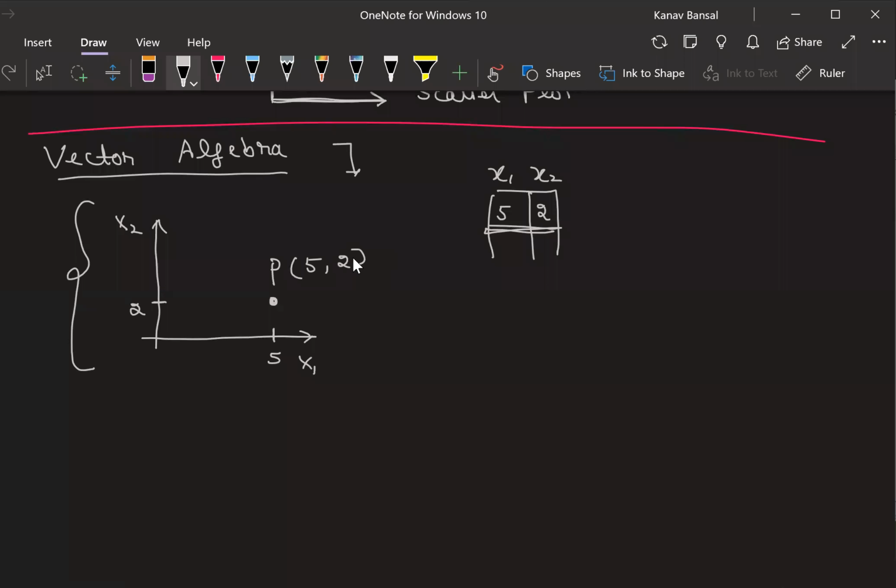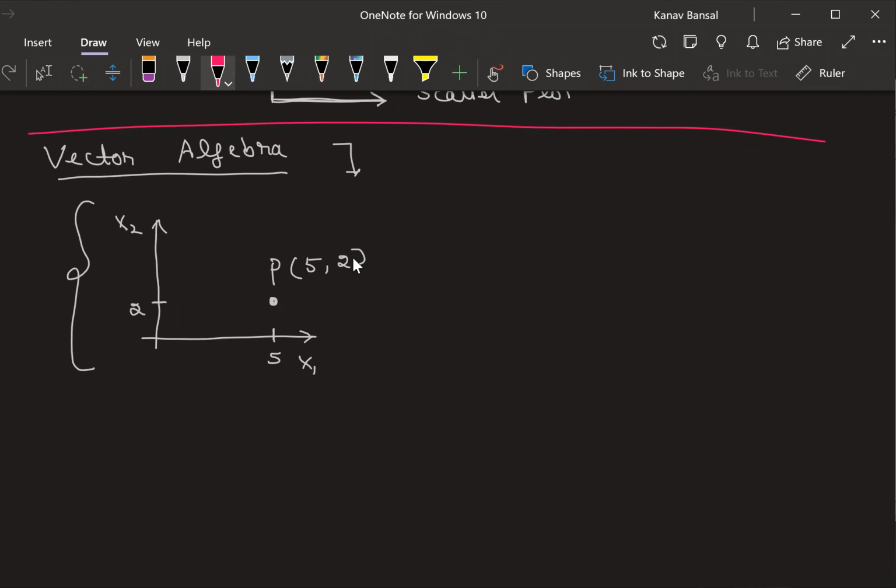But is there a mathematical way to represent this dot? Is there any mathematical representation of this dot? Anyone who knows about it? What is the way to represent this dot? Yes, correct, Aravind. But how do you represent this dot?